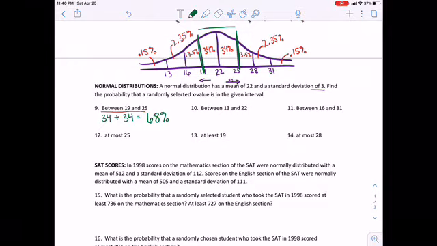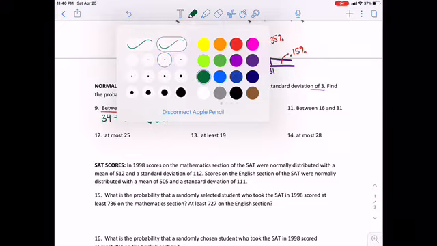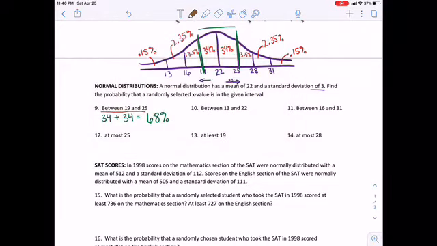Let's look really fast at problem 13, which says at least 19. If we want at least 19, that means we could have more than 19, but not less. My 19 is right here, and I want at least 19, which means I could have 19 or anything higher.